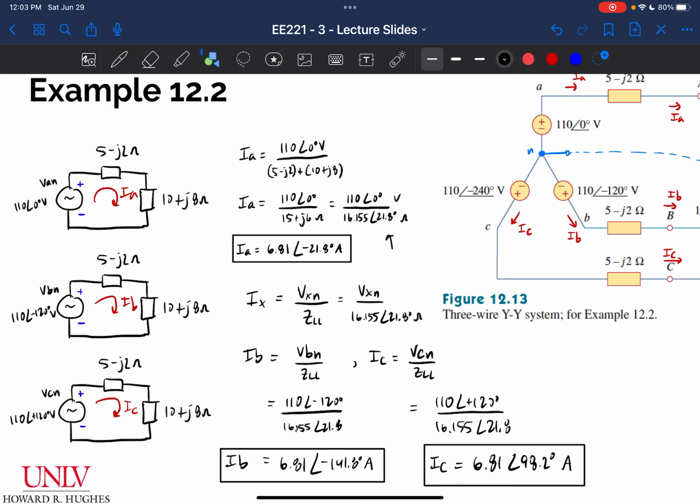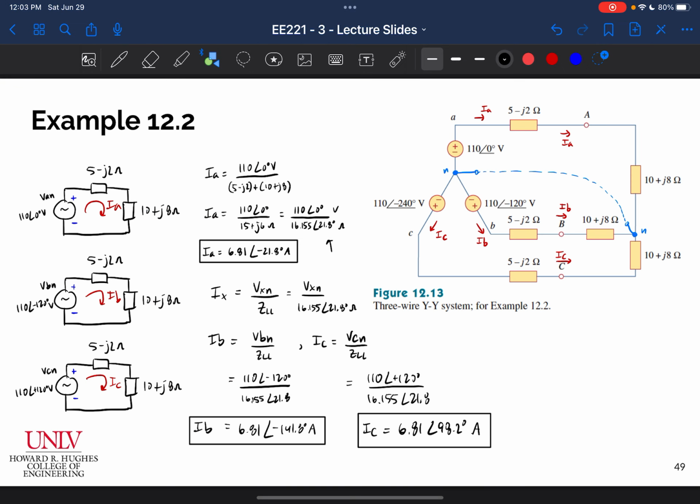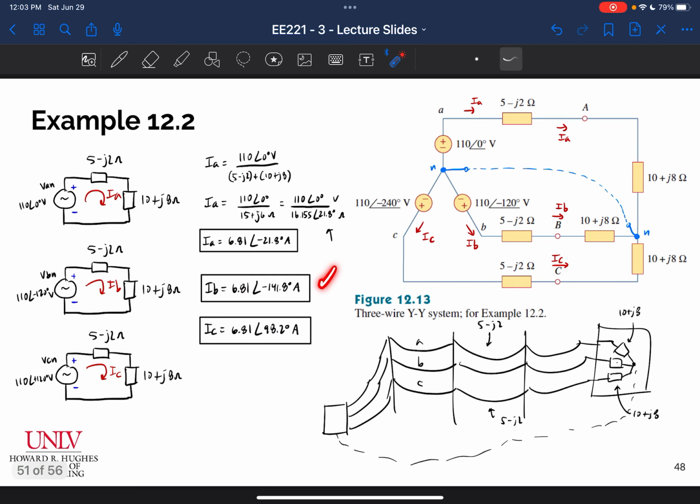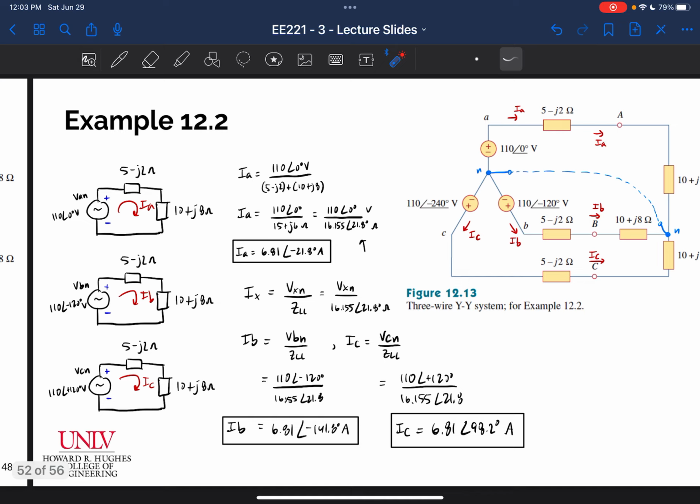I just want to make it clear that what I was doing here was solving what we already solved in this problem, which was the line currents IC and IB. We already found IA, and that was pretty straightforward. We used the table on this slide to find IB and IC, but here I wanted to show where that comes from.